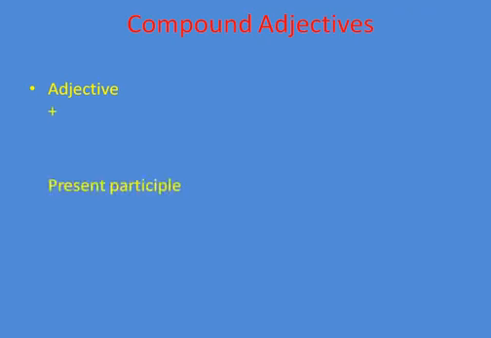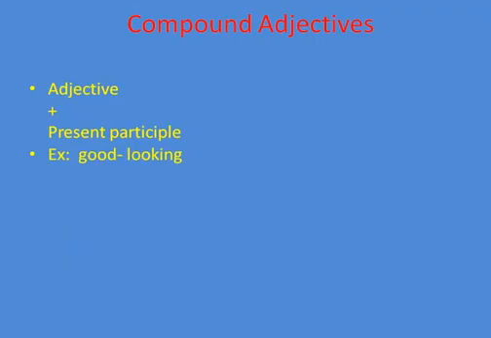You can use a present participle along with an adjective to form a compound adjective, like in this example. Good is the adjective, looking is the present participle. You know, the ing form of the verb is called the present participle. So good is the adjective, looking is the present participle. When used together, it is good looking.